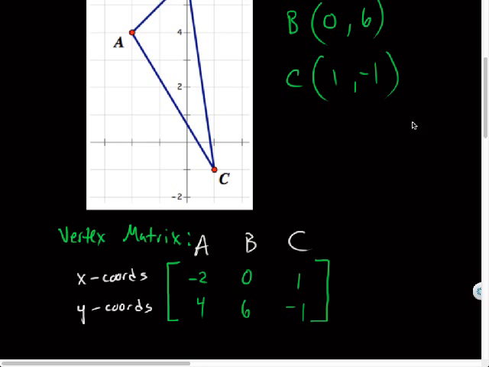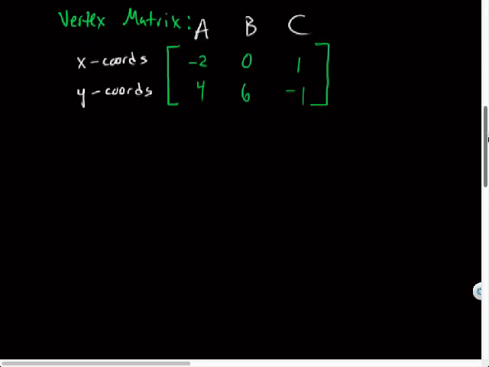All right. So just as a quick review, the types of transformations that we're talking about. We've got a few of them. You can have translations.